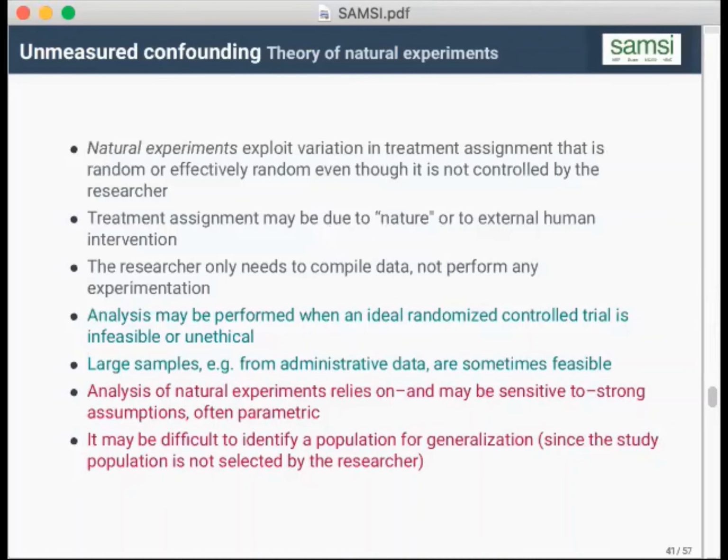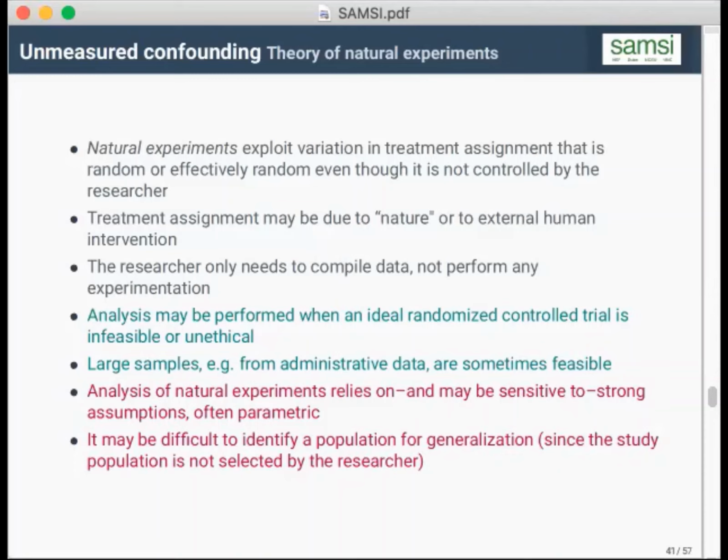Now we'll talk about a larger class of methodologies for dealing with unmeasured confounding called natural experiments. Natural experiments exploit variation in treatment or exposure that is random or effectively random, even though it's not controlled by any researcher or by design.